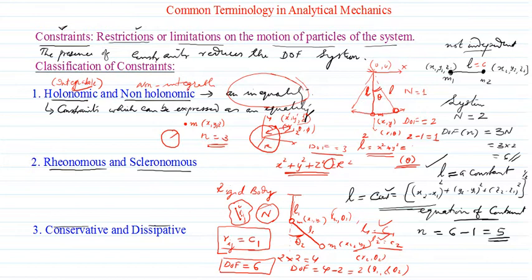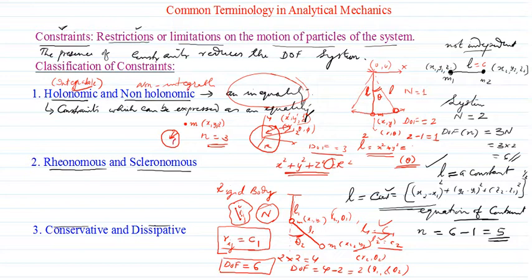But even though the degree of freedom is equal to 3, it has got a constraint. What is the constraint? The insect or the bird cannot enter into the earth, meaning inside the earth.